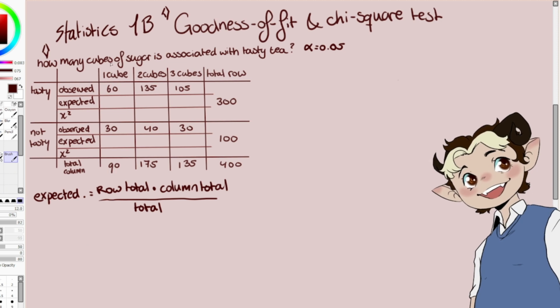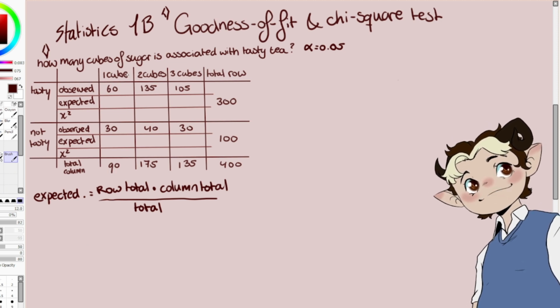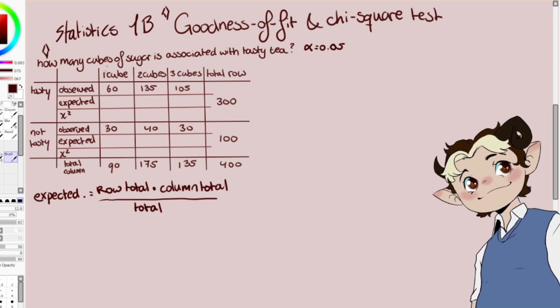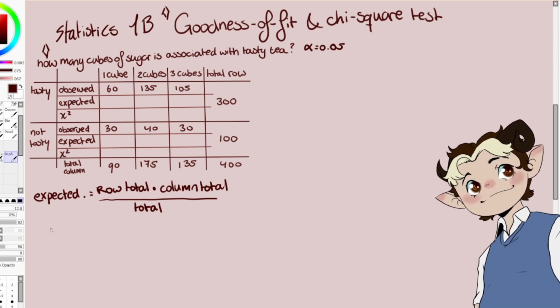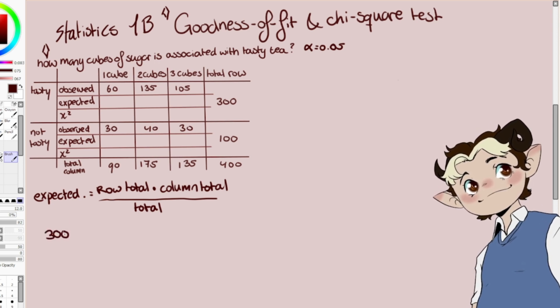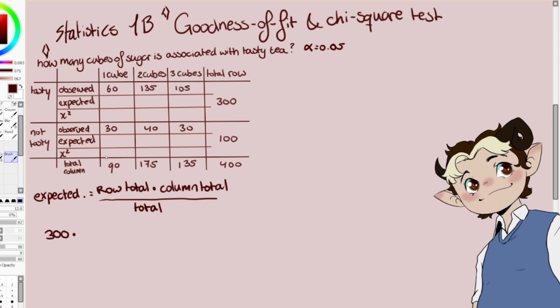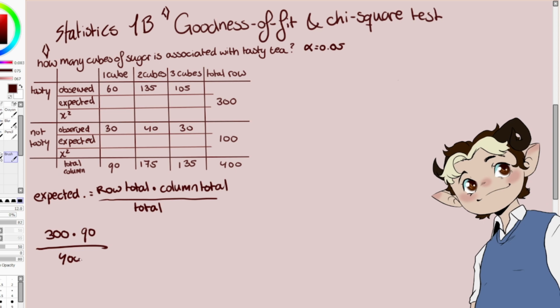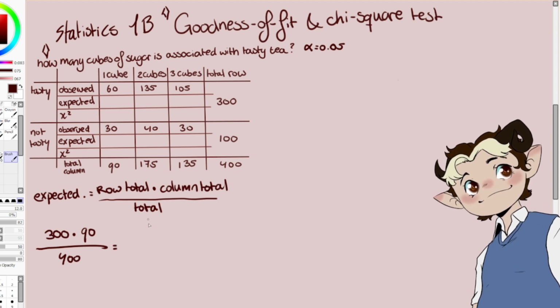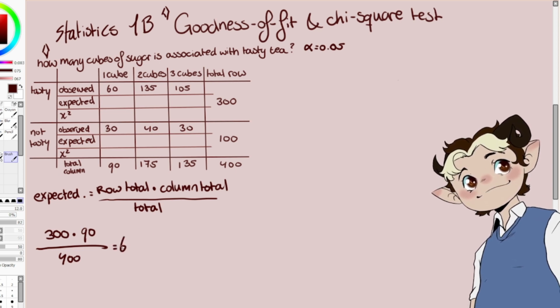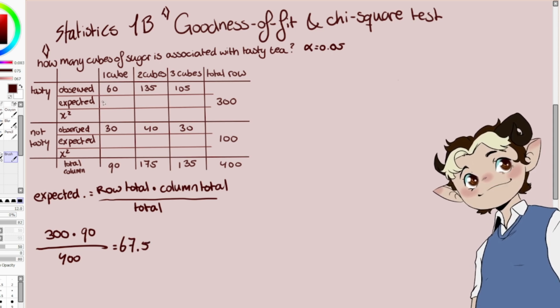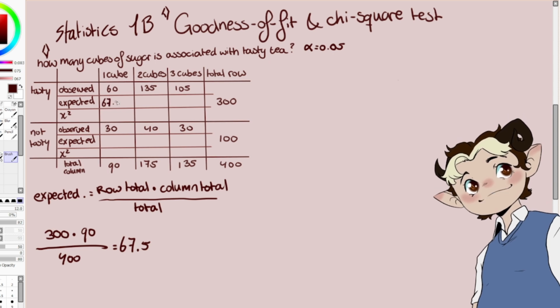All right, so we want to find the tasty for 1 cube. So that will be row 300 times column 90 divided by 400, which is 67.5. So our expected value is 67.5.